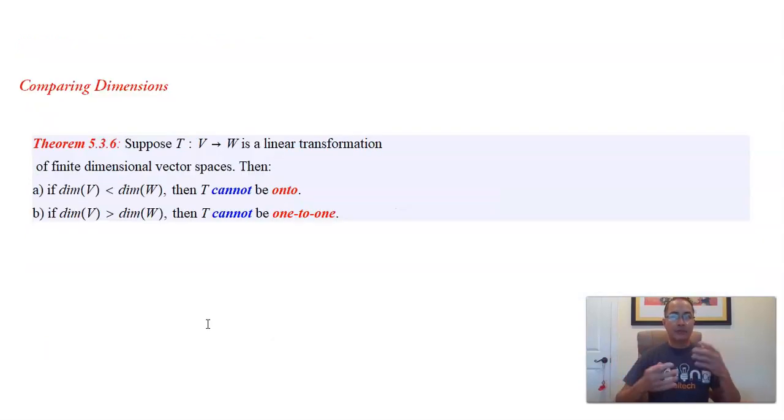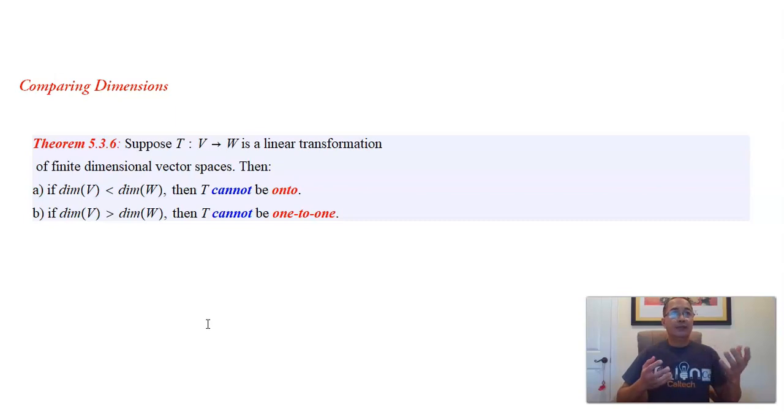Now, we also already mentioned that when we went from P4 to P3, it's impossible to be one-to-one. Of course that's because of our knowledge of the dimension theorem back in chapter 3, which we used by instinct for chapter 5. But now that we have the dimension theorem for abstract transformations, we have the same conclusions.